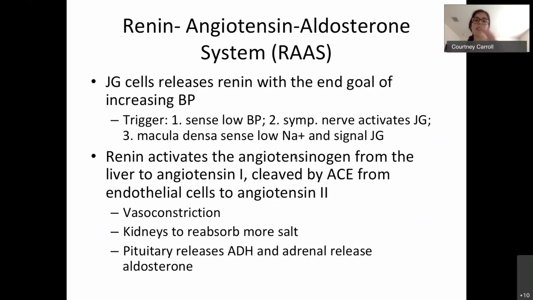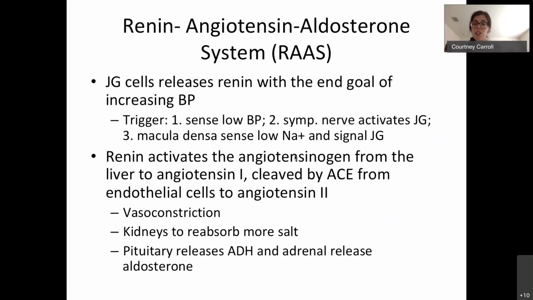So the JG cells have different triggers. They can either sense the low blood pressure, they can be activated by our sympathetic nervous system, right? Fight or flight, or the macula densa cells can sense sodium issues and then signal to the JG cells nearby. They will release that renin, and the renin will go on to activate angiotensinogen from the liver to make angiotensin 1, which is cleaved by ACE, an enzyme that will make us angiotensin 2.